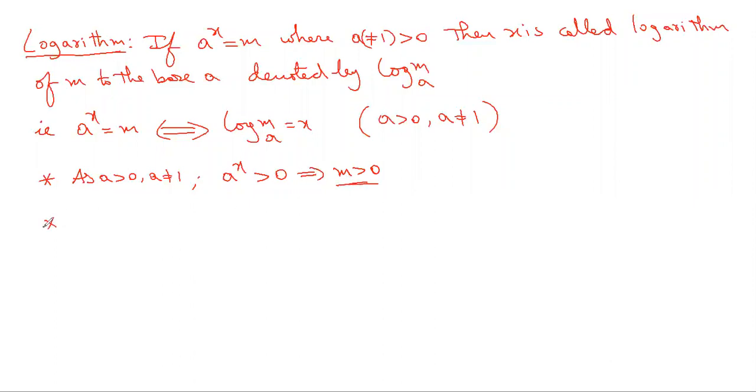Suppose you consider log x as a function, for y equal to log x, the domain is 0 to infinity, because log is defined for all positive numbers. The input of log can be only a positive number. Why? The input of log is the output of a power x. A power x can never be negative. It's always positive.